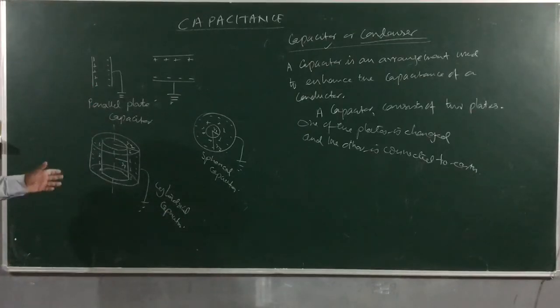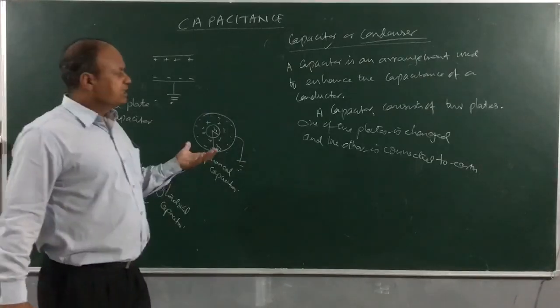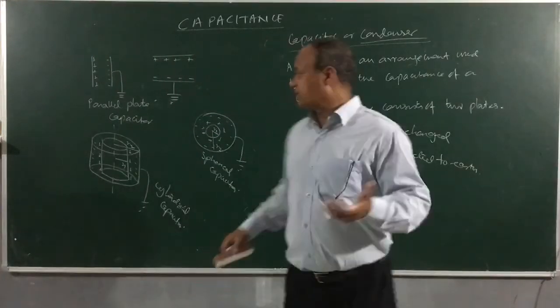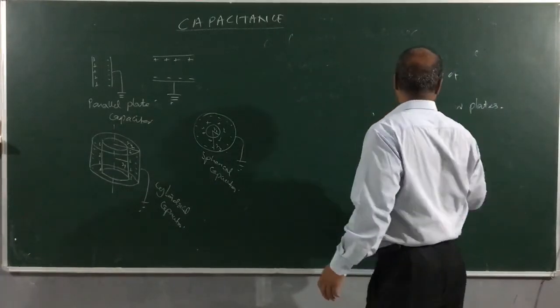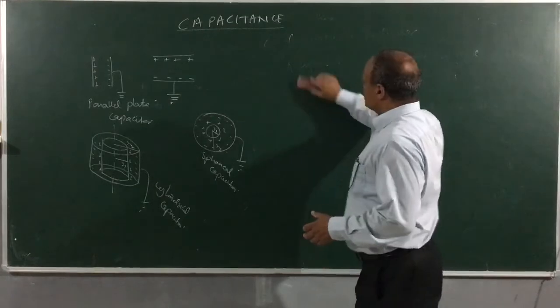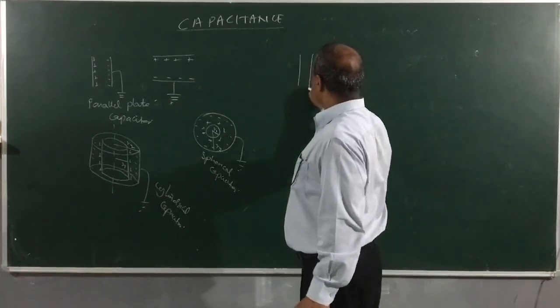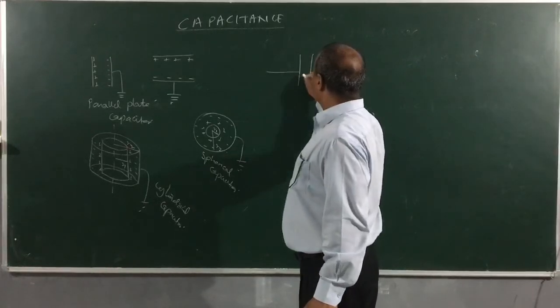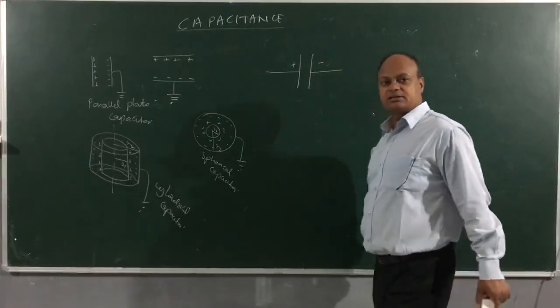Clear? Now, what is symbol of a capacitor? It's very easy to draw symbol of a capacitor. A capacitor is symbolically represented by two parallel straight lines, one you mark plus, other you mark minus.